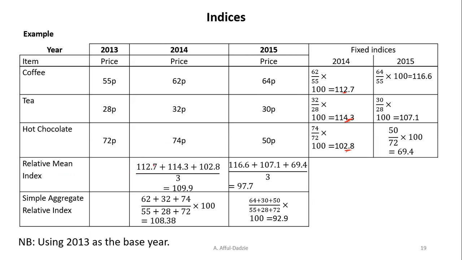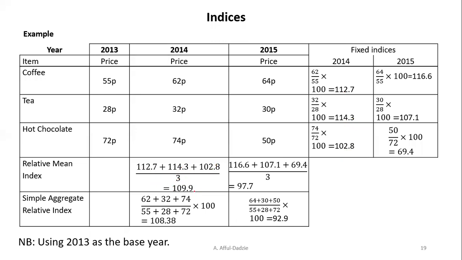So for 2014, we sum the index numbers of each individual item. This is for coffee, this is for tea, and this is for hot chocolate. Because there were 3 of them, we sum these 3 and divide by 3.